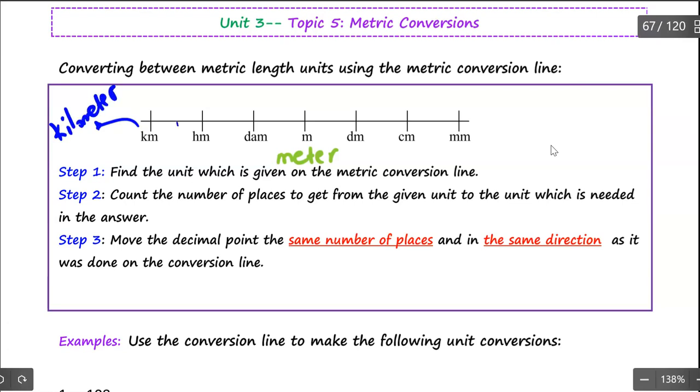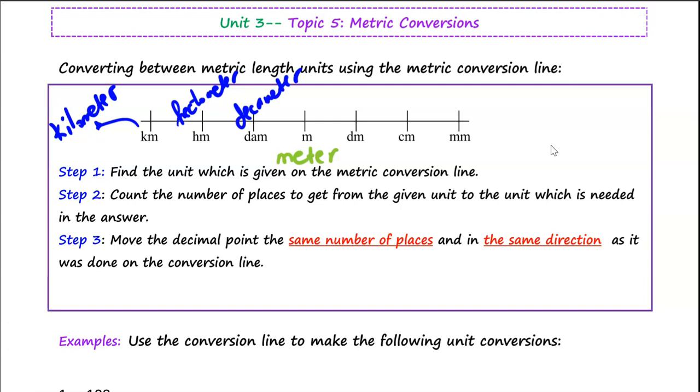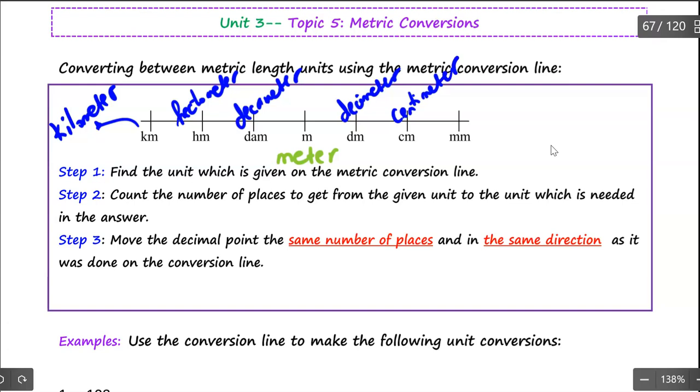The next one is hectometer. DA is the decameter. DM is decimeter. CM is centimeter. And MM is called millimeters.